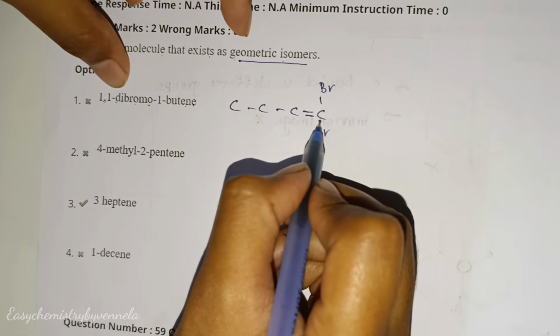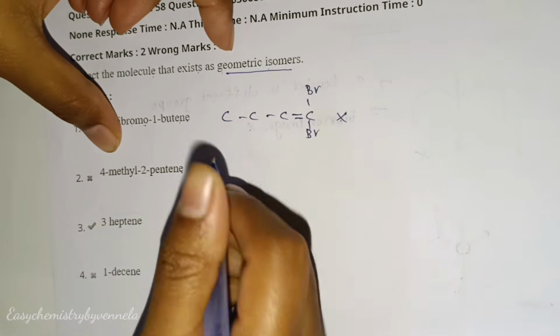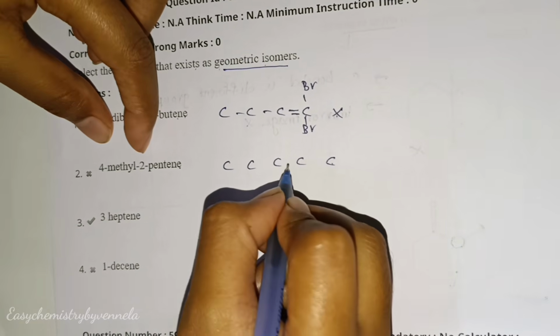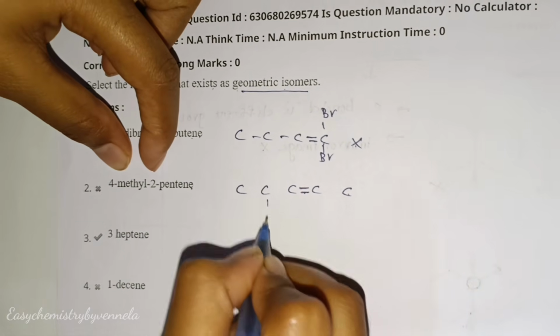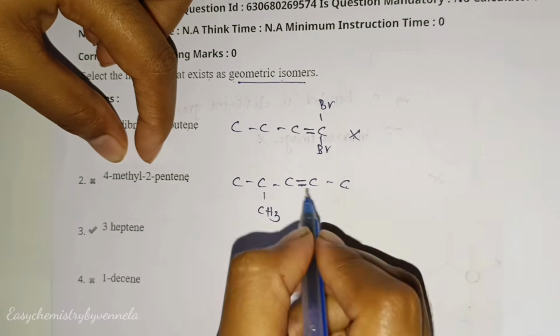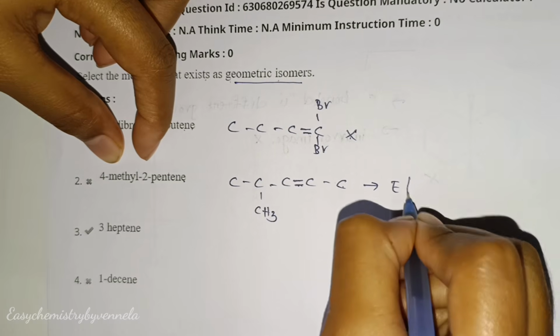See, is it possible for geometric isomer? No. Next, 4-methyl-2-pentene. Pentene, how many carbons? 5 carbons. 2-pentene, second carbon is double bond and fourth one is methyl. So this is the bond. Here it forms the E/Z isomer.